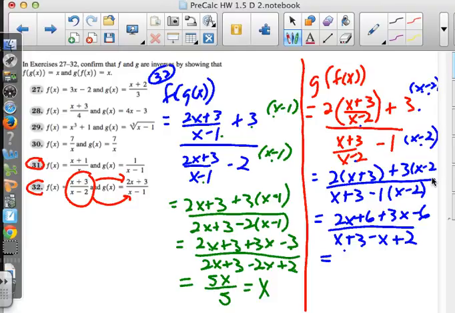Well, our numerator is going to be 5x, because 6 and negative 6 will drop out. X minus x on the bottom, the x's are gone. And we have 3 plus 2, which is 5, and 5x divided by 5 is x. So those two, especially 31 and 32, are easiest to solve by multiplying everything in our complex fraction by that LCD.